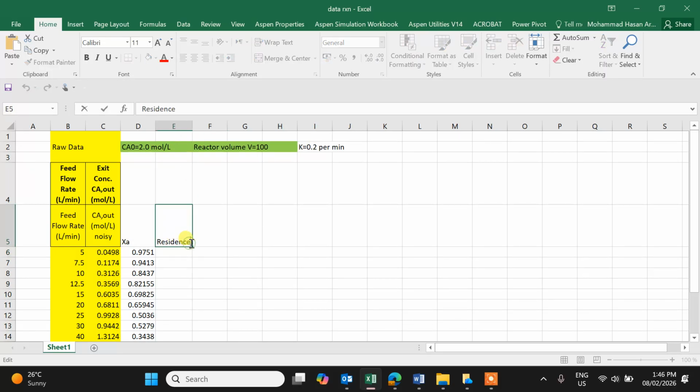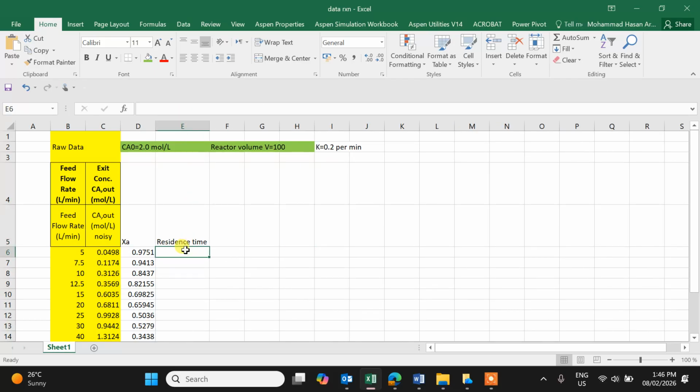Okay, residence time. So residence time tau, if you remember, is the volume of the reactor, which is 100 liter, divided by the feed flow rate. This will be in minutes.